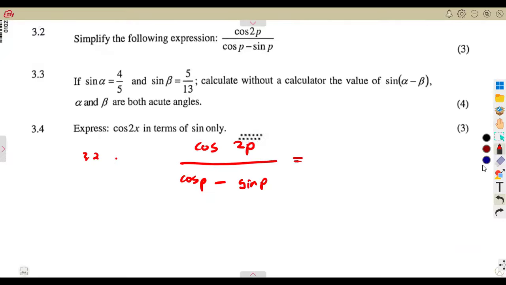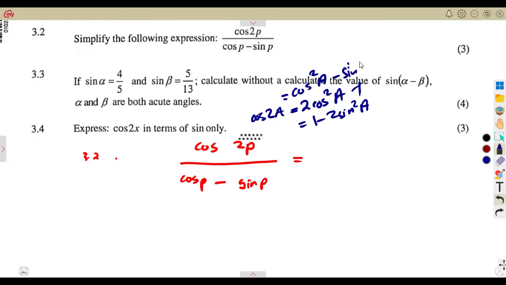Remember your double angle identities, that the cosine of 2a can be written in many ways, guys. If considering the cos, it can be given as 2 cos squared a minus 1. It can be given as 1 minus 2 sine squared a, which was actually taken from cos squared a minus sine squared a, remember.